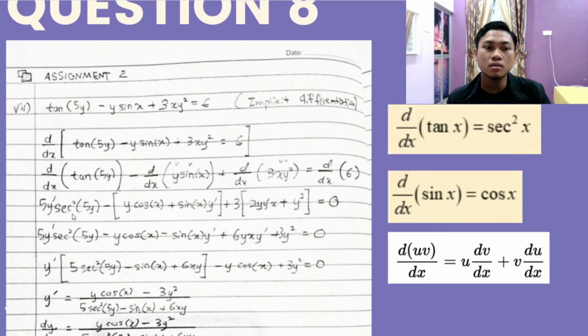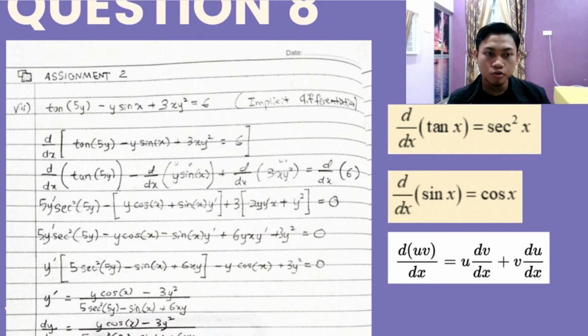So sec squared 5y times 5y prime. Why do we have the value of y prime? This is because when we differentiate the trigonometry itself, we need to differentiate the angle inside that. So in this case, the angle is 5y. So we differentiate the angle, get 5y prime. So yeah, that's the first part.